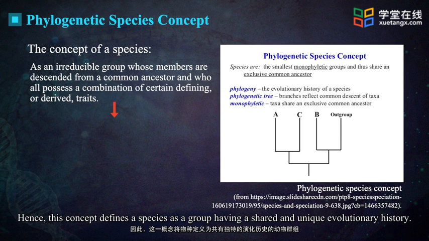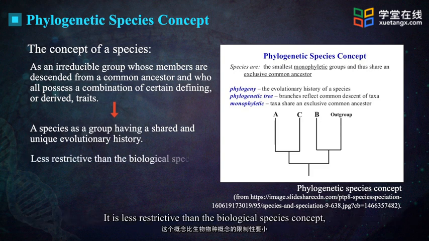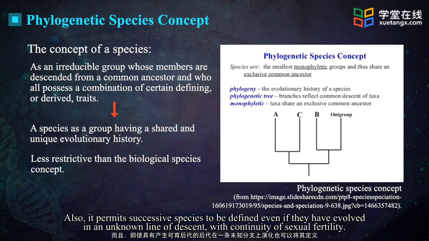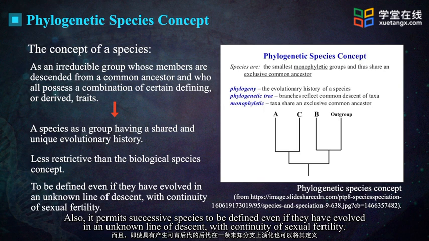Hence, this concept defines a species as a group having a shared and unique evolutionary history. It is less restrictive than the biological species concept in that breeding between members of different species does not pose a problem. Also, it permits successive species to be defined even if they have not evolved in an unbroken line of descent with continuity of sexual fertility.